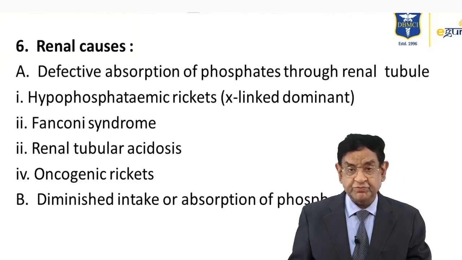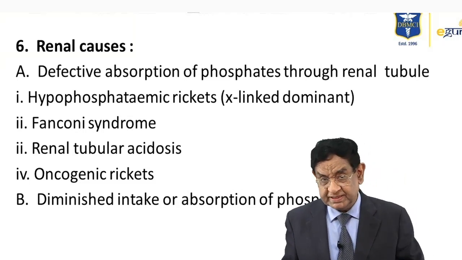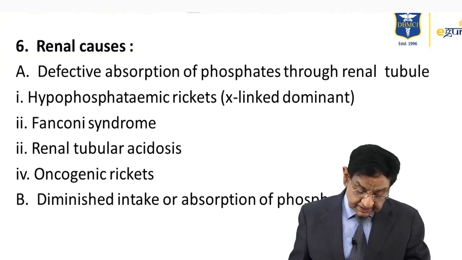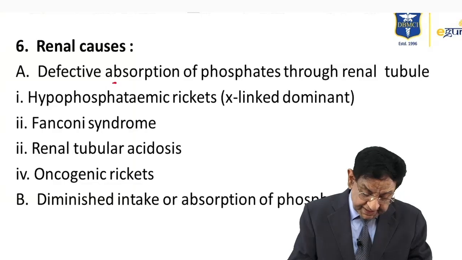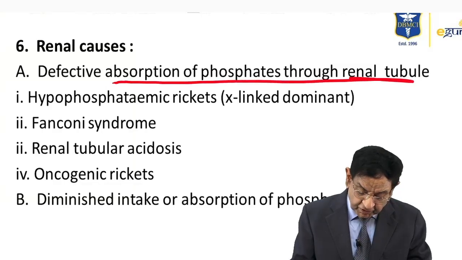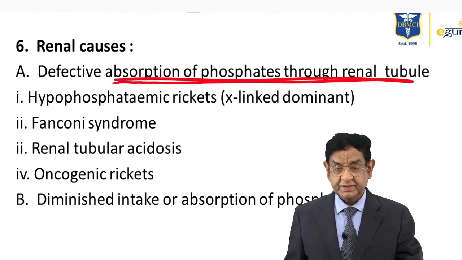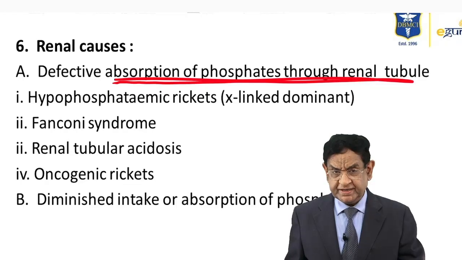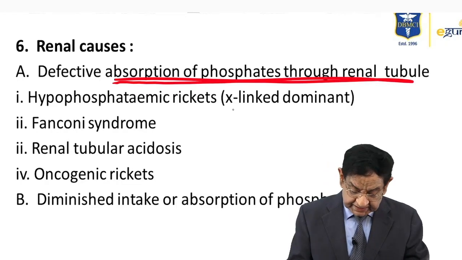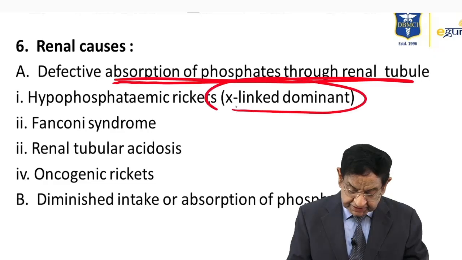This can occur, first of all, because of reduced vitamin D synthesis. Now there can be an additional thing, defective absorption of phosphate through the renal tubule, and this is what happens in X-linked dominant rickets. This is a very frequently asked question.